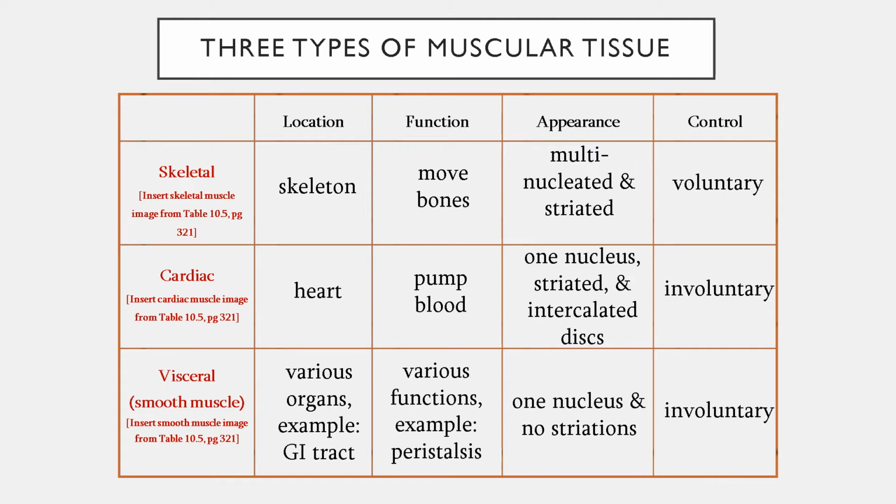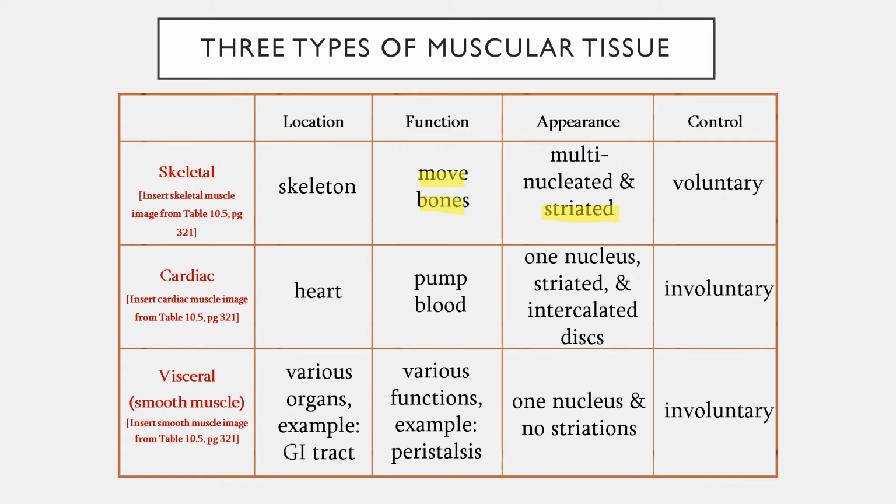Now, skeletal muscle tissue is named because most skeletal muscle moves bones of the skeleton. There are a couple skeletal muscles that attach to and move the skin, which are going to be muscles of facial expression, but most skeletal muscle moves bones. Now, skeletal muscle tissue is striated. This is a term that means alternating light and dark protein bands.